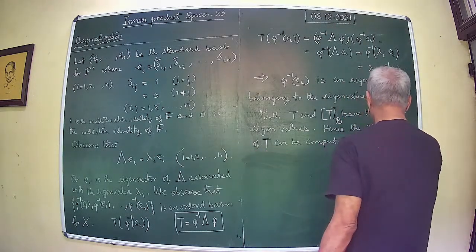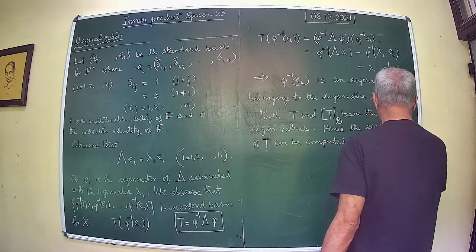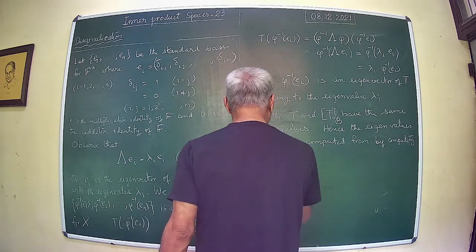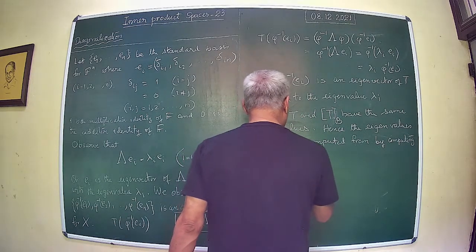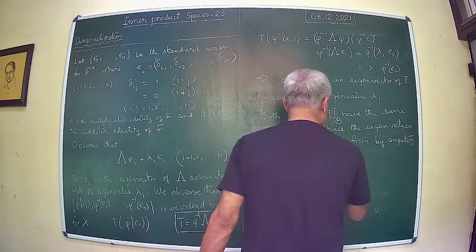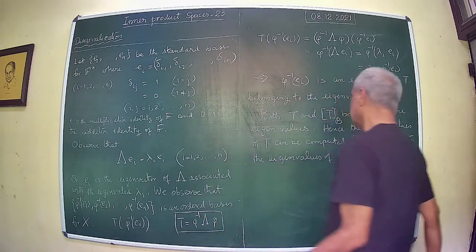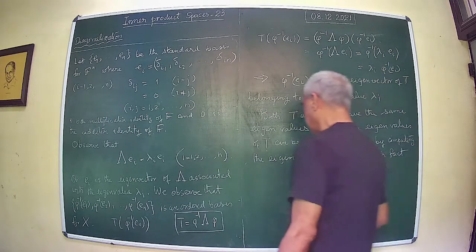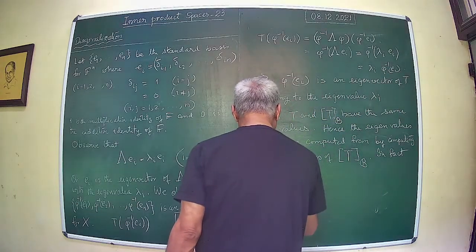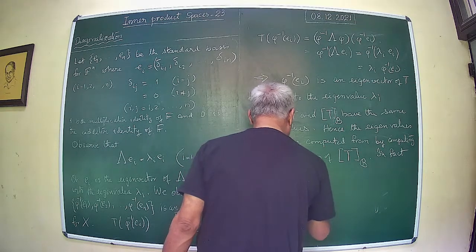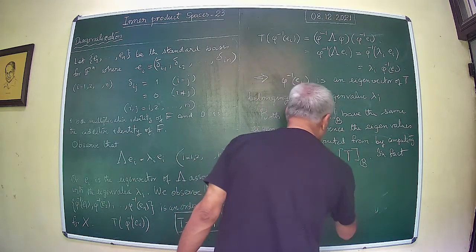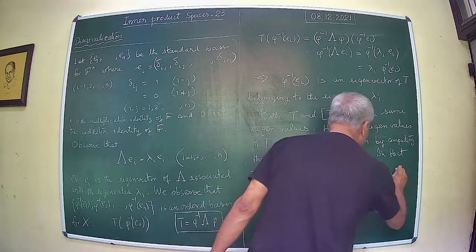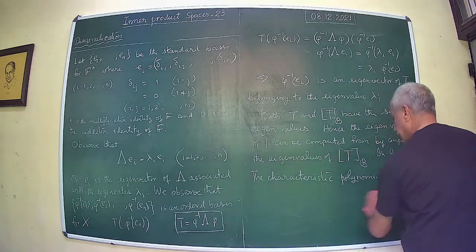Computed by computing the, which you know is a matrix. In fact, the characteristic polynomial is the characteristic polynomial.